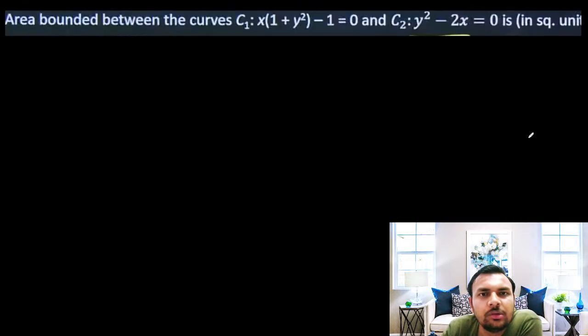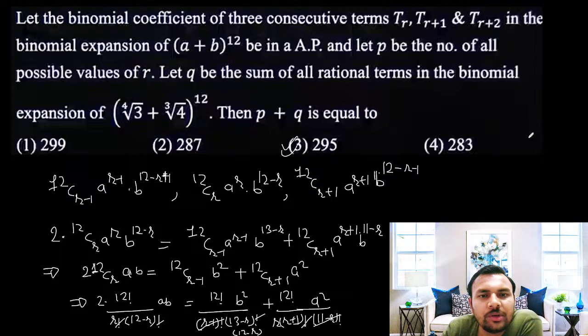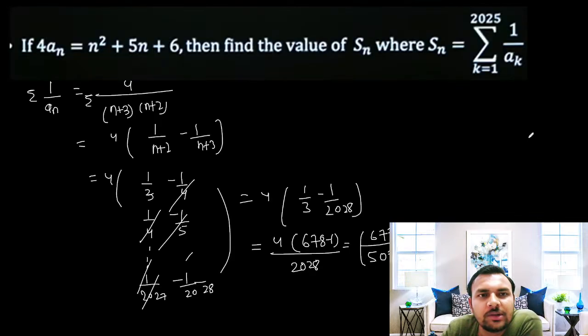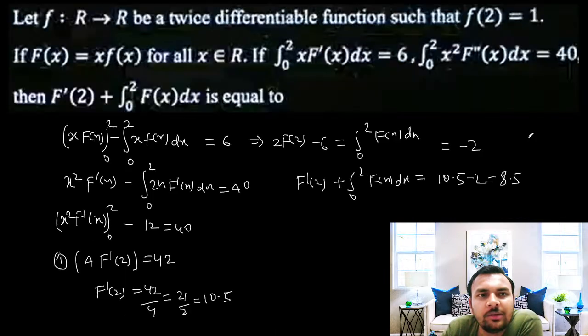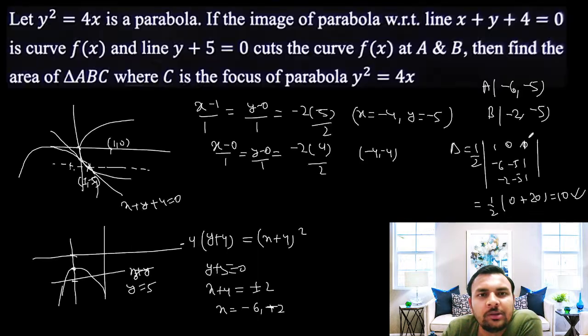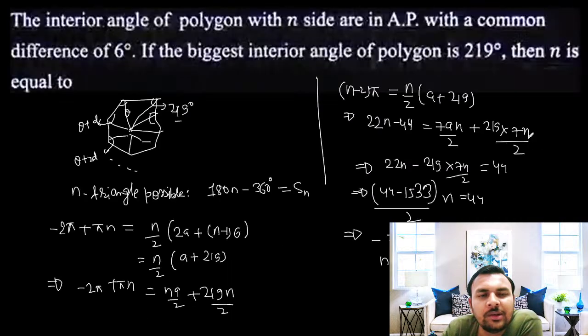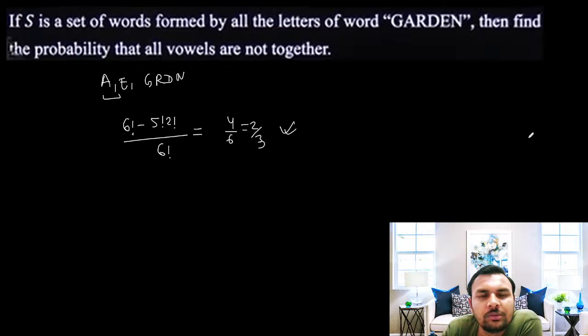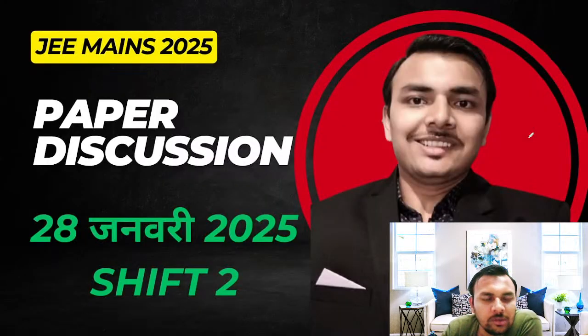Let's count. 1, 2, 3, 4, 5, 6, 7, 8, 9, 10, 11, 12, 13, 14, 15, 16, 17, 18, 19, 20, 21, 22, 23. 23 questions we solved.